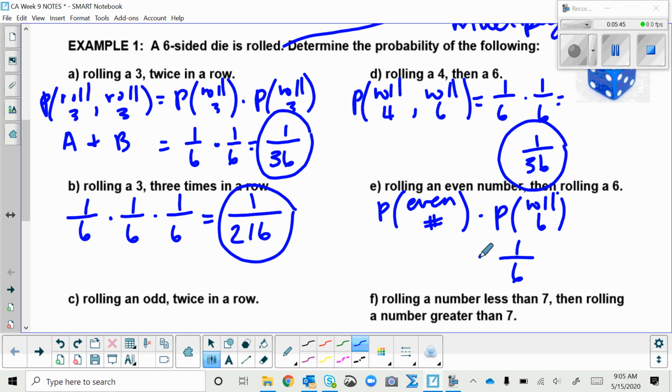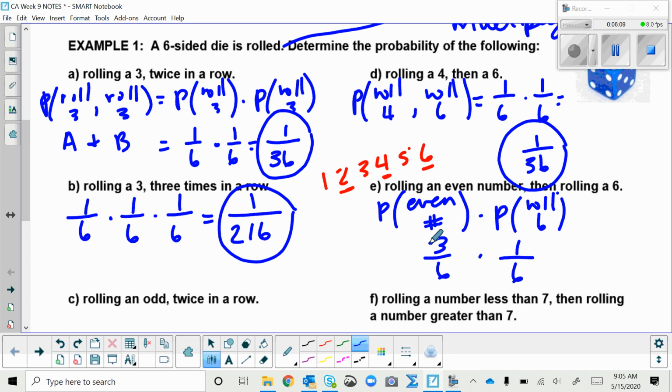To figure out the probability of an even number, you have to count up how many even numbers there are. So here are the numbers on a die: 1, 2, 3, 4, 5, 6, and there are 3 even numbers. So the probability that we roll one of those is 3 out of 6.